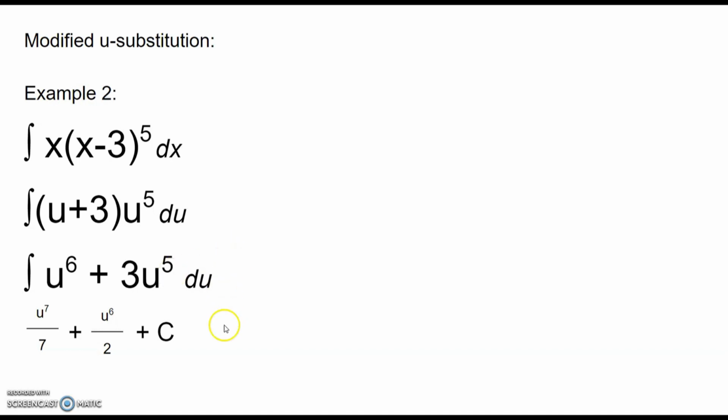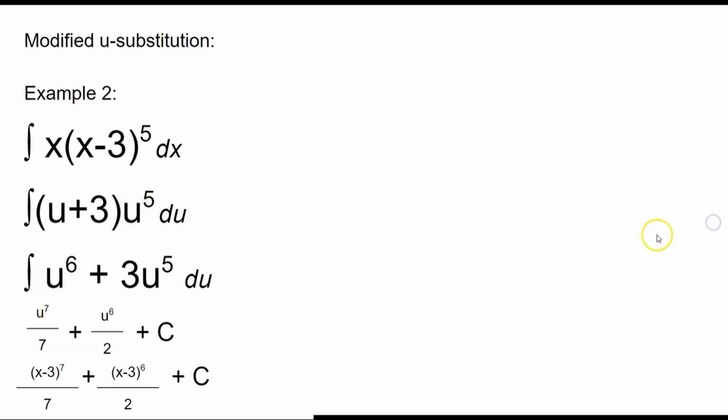And then, of course, the constant of integration plus c. So finally, taking the u and turning it back into what it originally was, we get x minus 3 to the 7th power over 7 plus x minus 3 to the 6th power over 2 plus c. And that is our final answer right there.